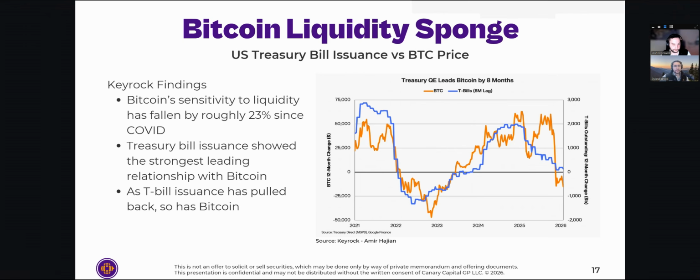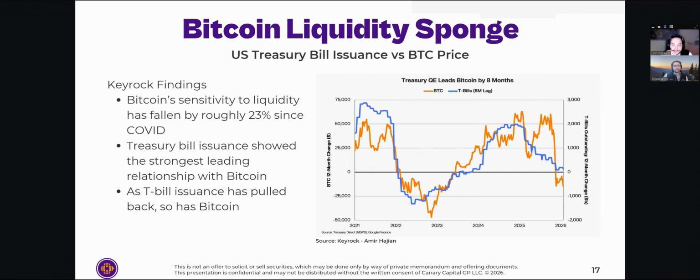So initially, on the face, it looks very tightly correlated, and we have continued to trend down as T-bill issuance has, but how long this continues, I'm still not completely convinced on it yet. But it is a fantastic article, and I highly recommend it. Yeah, I think this goes back to if you get the T-bill bazooka, if you get this massive issuance, Bitcoin certainly gets the memo, as do most risk assets.